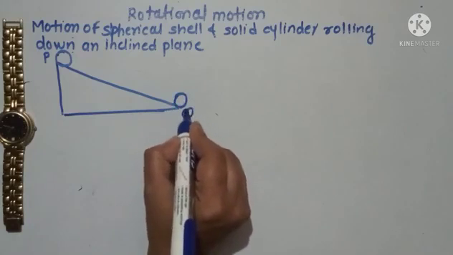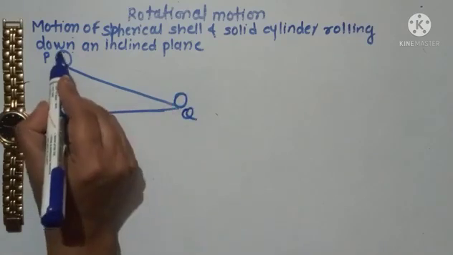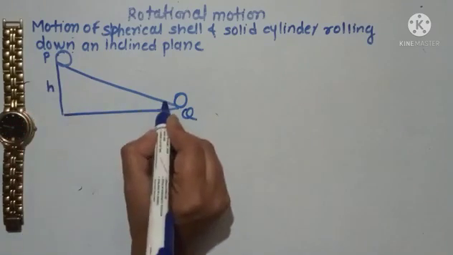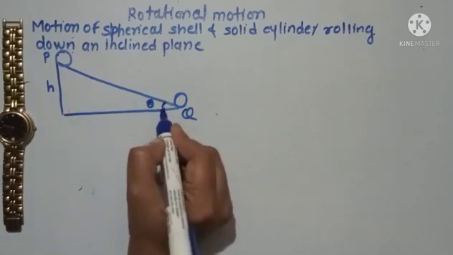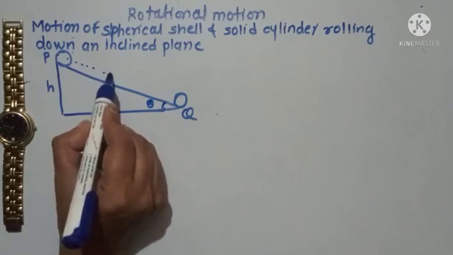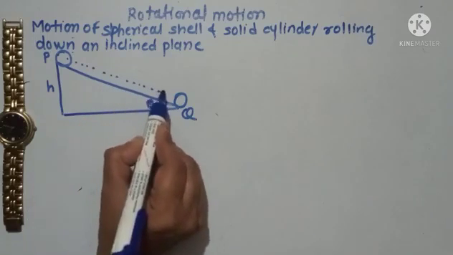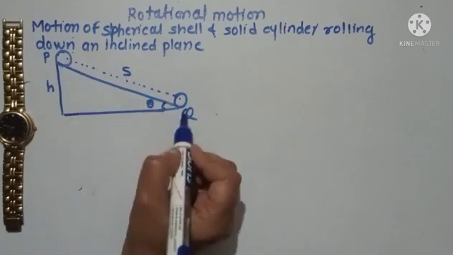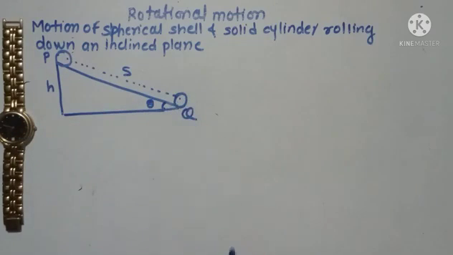Let me call this point Q. So this solid cylinder or the sphere is kept at a height of h, and let theta be the angle, and let me call this distance s. So this is nothing but the linear acceleration of this solid cylinder or the sphere.